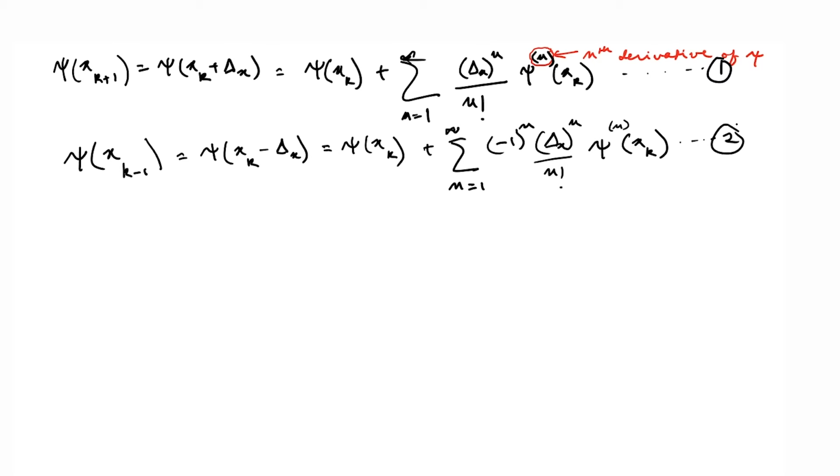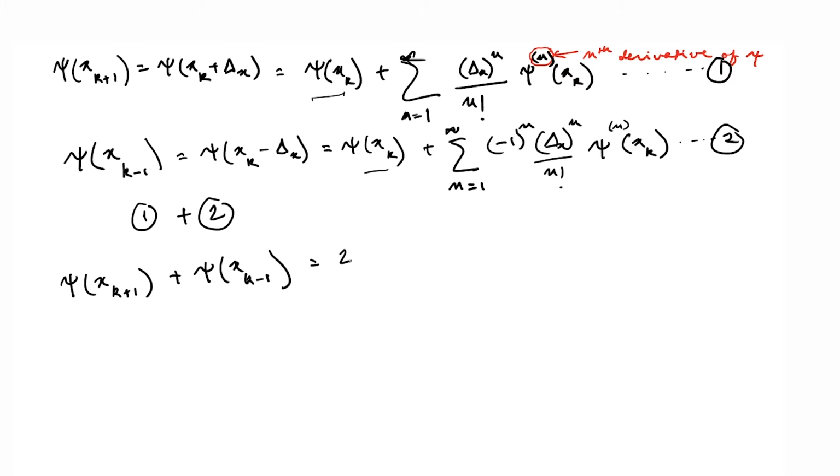Now, I will add 1 and 2. So, what I will get is psi x k plus 1 plus psi x k minus 1, which will be equal to, adding this term plus this term, 2 psi x k, and then the remaining terms.